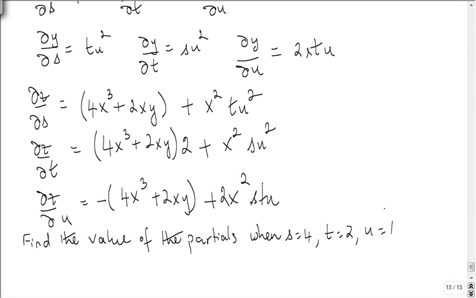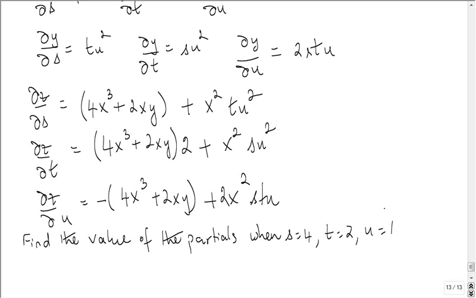What if I told you that? You obviously need to plug into the formulas that you have for the partials, but you'll need to find x and y because your formula still has x and y. So you go back to the original.